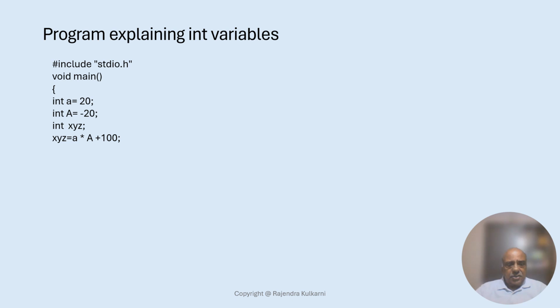Now there is a mathematical expression: xyz is equal to small a multiplied by capital A plus 100. There 100 is again a constant. 20, minus 20 and 100 are constants in this program. Small a, capital A, xyz are names of the variables of type int.